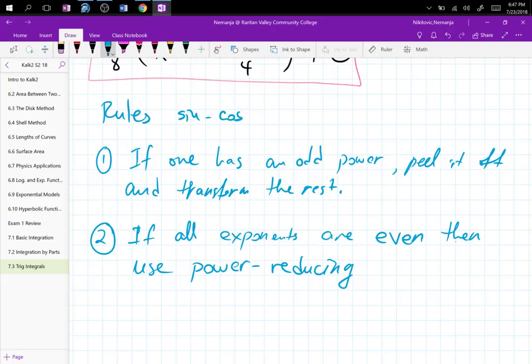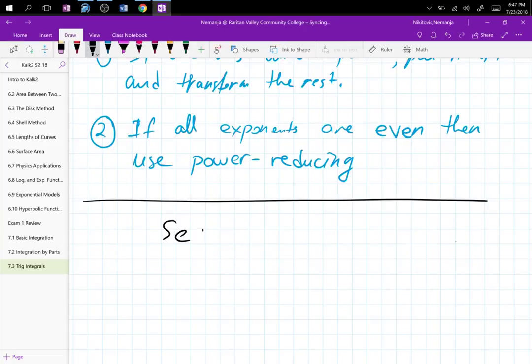The next trig pairing is secant tangent. This is trickier, much trickier. You know that the sine and cosine go very easily with the derivative.